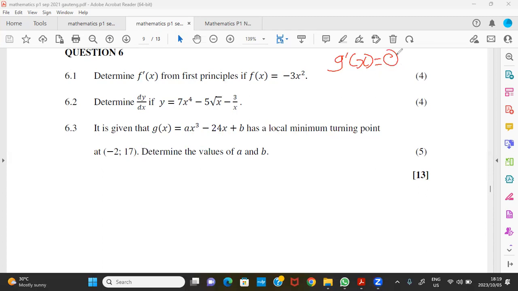So what is happening here? We are going to do the very same thing. We are going to say g prime of x equals 0, but we start by deriving our g of x. So g prime of x is equals to 3ax squared minus 24.